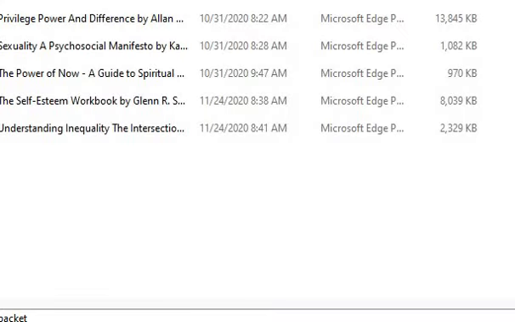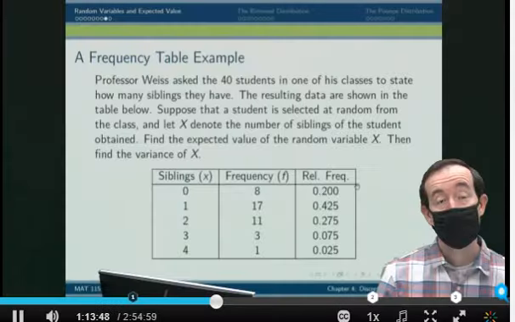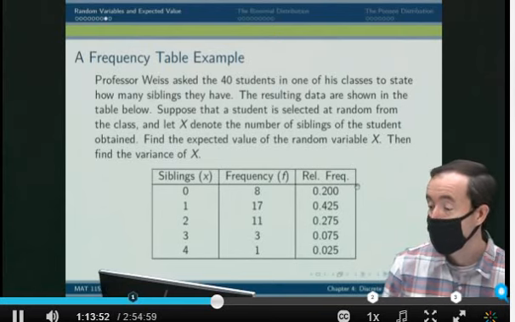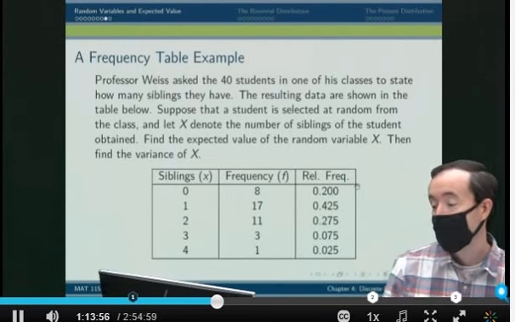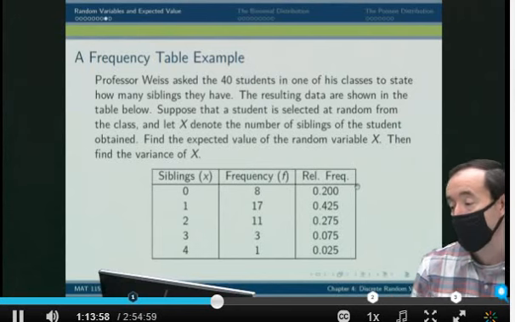Well, let's do a frequency table example then. So this is one where the function is not quite as simple, and the relative frequency is actually determined from looking at data. So in this case, I have a statistics class with Professor Weiss, who asked 40 students in one of his classes, he has very good classes apparently, to state how many siblings they have.